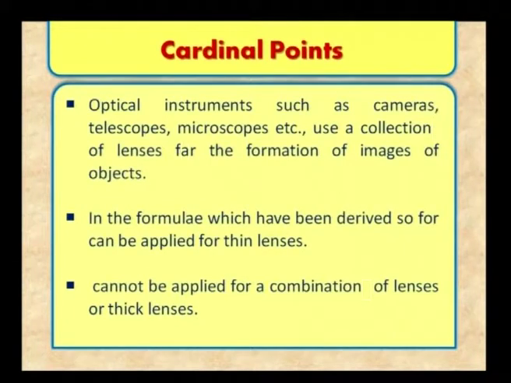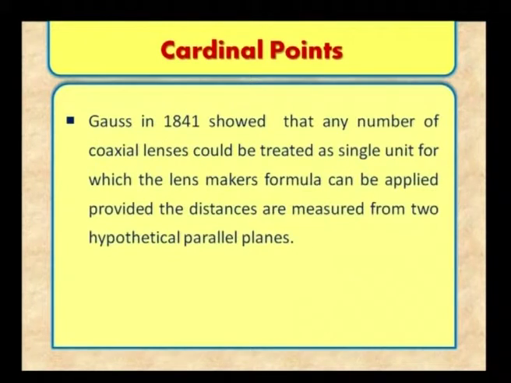The optical instruments have a collection of image lenses, not a single lens. When you have a collection of lenses, then you have to make use of the idea of cardinal points.